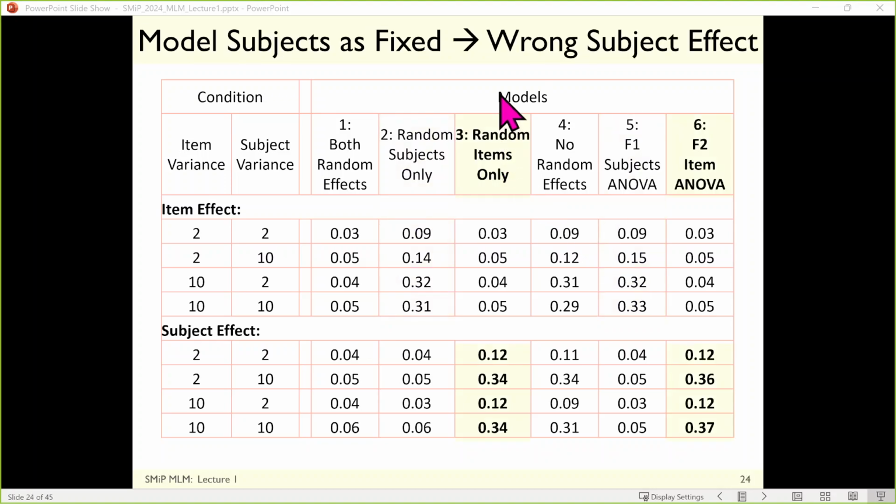If I do random items and pretend the people are exchangeable, then I get the opposite pattern. So all of the subject type 1 error rates are inflated. That is the case whether you don't aggregate the data or whether you do in the F2 ANOVA. And only when you get both at the same time are type 1 error rates protected across the board.